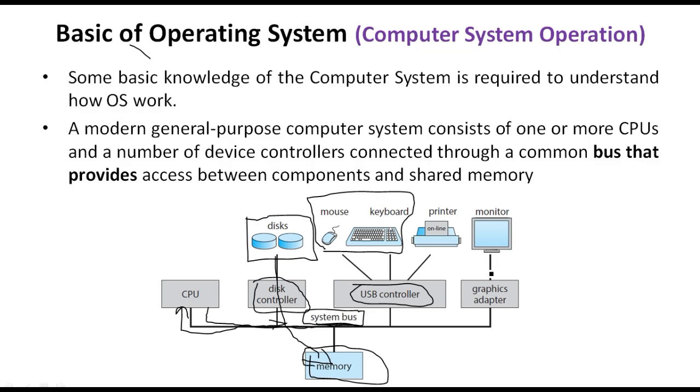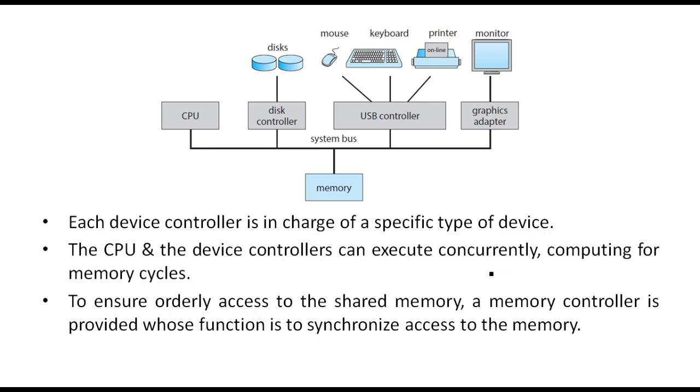This is how the computer system operates. So all these devices are the computer devices. Now let us further understand how these controllers and the system bus work in the computer system.